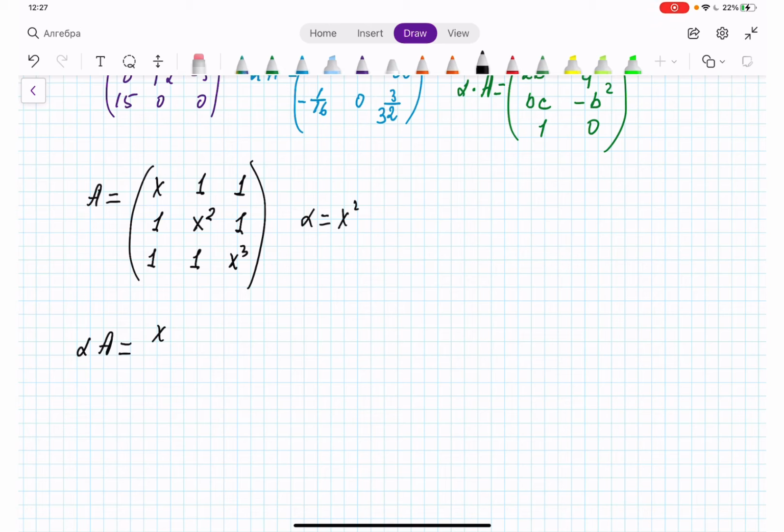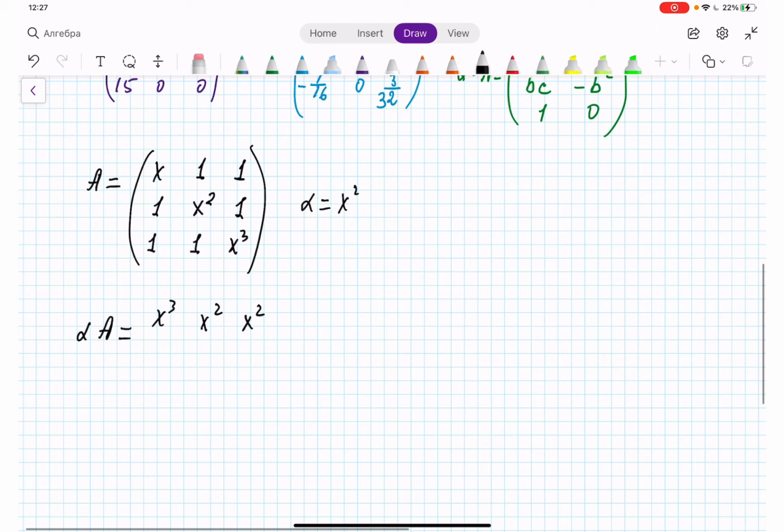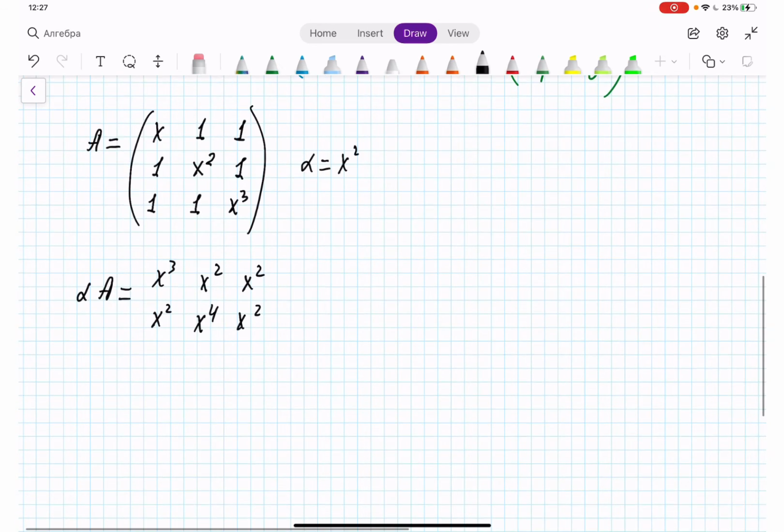We are getting x cubed. Here is going to be x squared, x squared. Next comes x squared, x to the 4, x squared. Next is x squared, and x to the power 5.